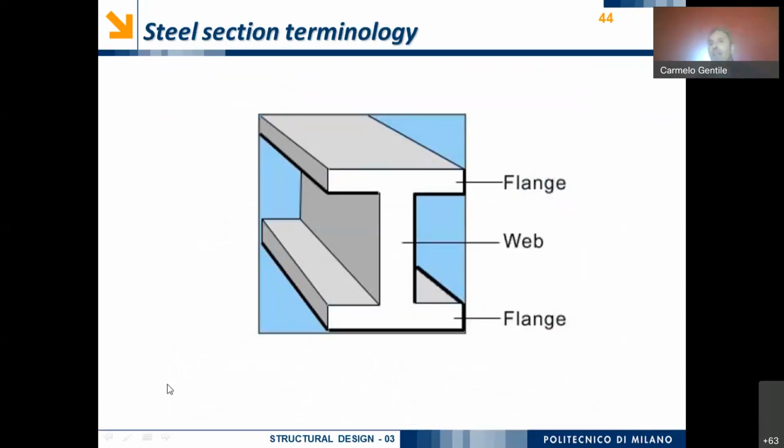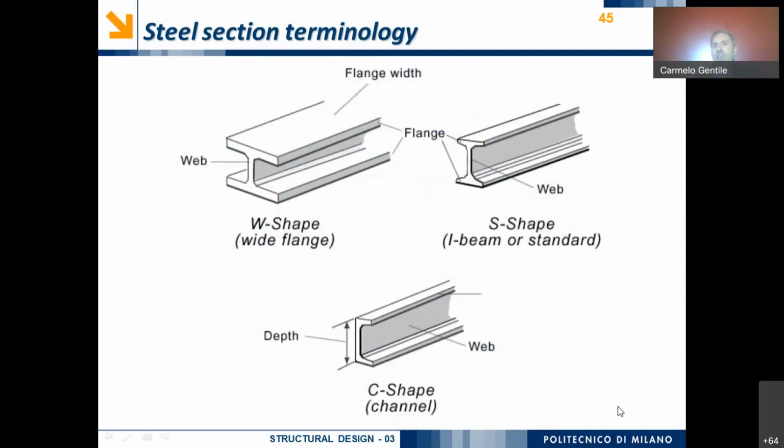So when we are dealing with a steel cross-section, this is the classical terminology that we use. This part is the web and the outer parts are the flanges, okay? So we have several types of beams: the W shape, or wide flange with flat flanges, the C shape or channel cross section, the S shape like an I-beam or standard I-beam, and so on.